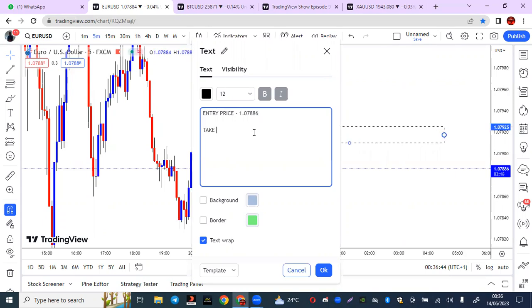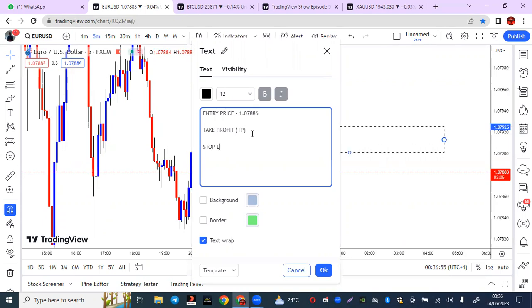My take profit, which you will see us refer to as TP, is 1.07960. And then stop loss is what we refer to as SL. So when we start taking trades and you see these short forms, you know what they are for.